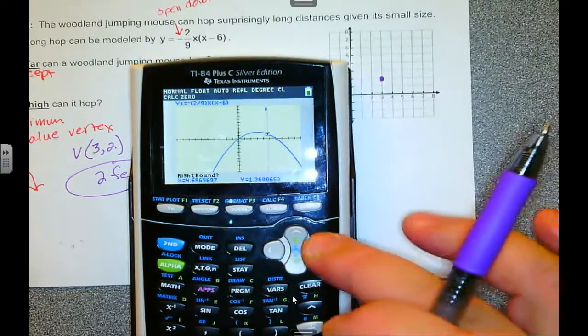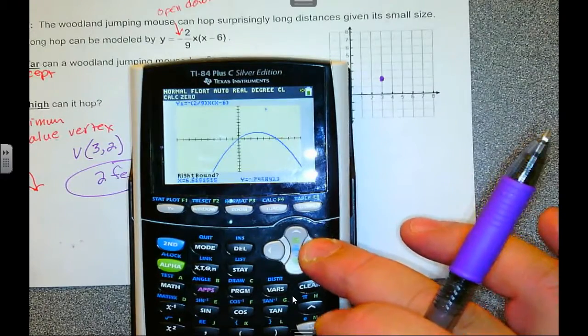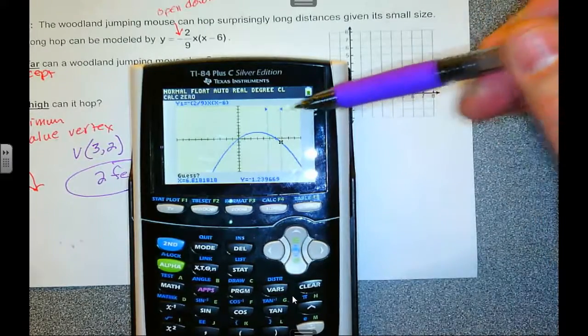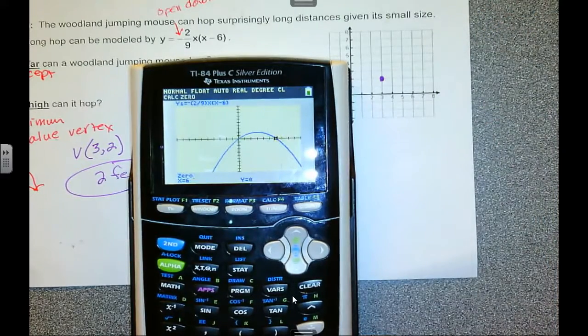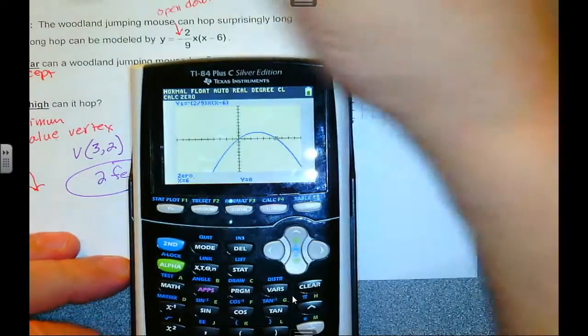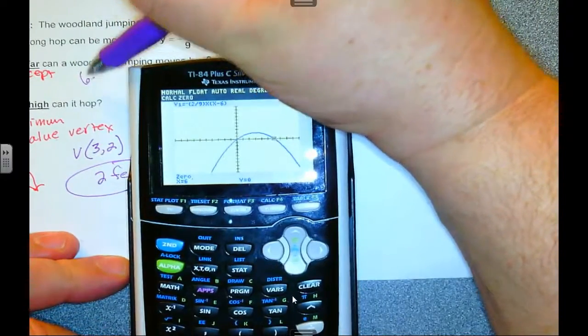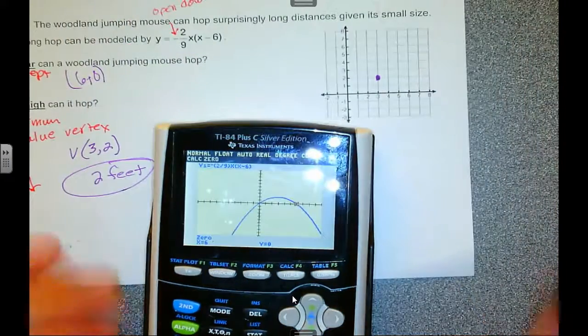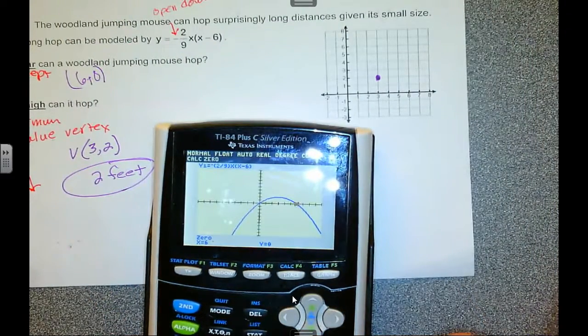Well, yeah. Are you to the right of that zero? Get to the right of it. And if it's between those two points, hit enter again, and your x-intercept is 6, 0. Okay, that's your x-intercept when y equals 0.